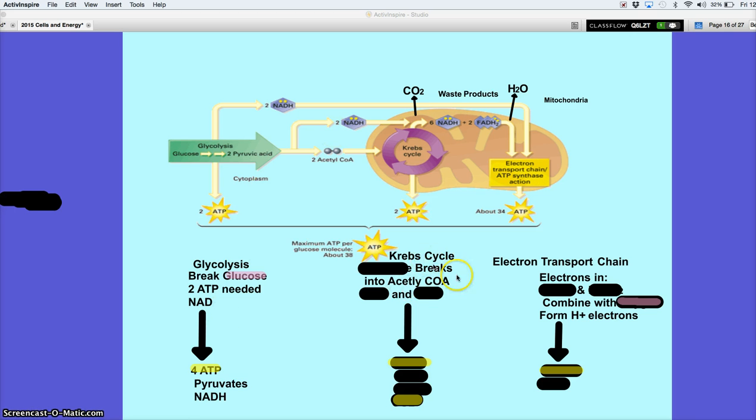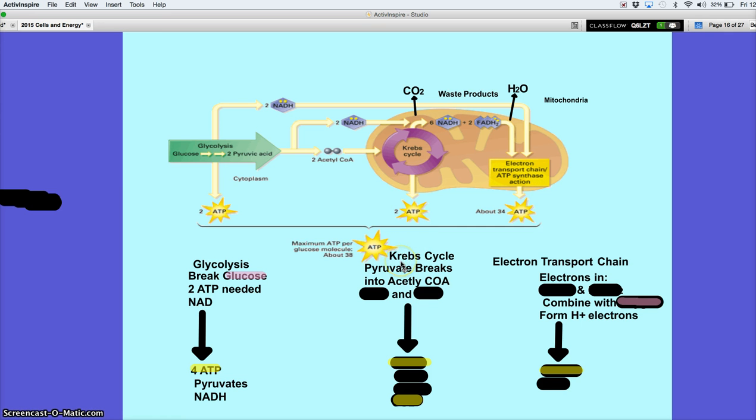Now, if I tell you what is Krebs and electron transport chain called, what do you call it? Together, they make up aerobic respiration. Okay? All right. So, where are we if we start Krebs? In the mitochondria. What goes into the mitochondria to start the Krebs cycle? Pyruvates. What happens to pyruvate? It breaks into acetyl coenzyme A. Okay.